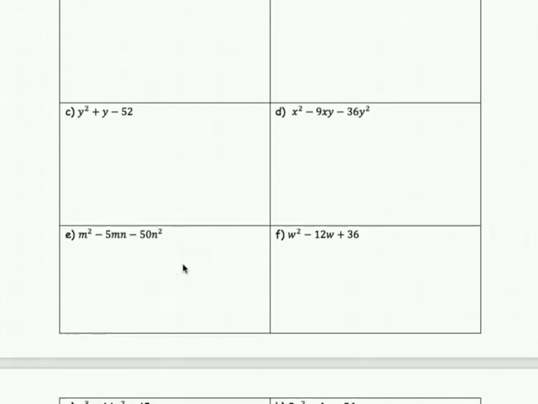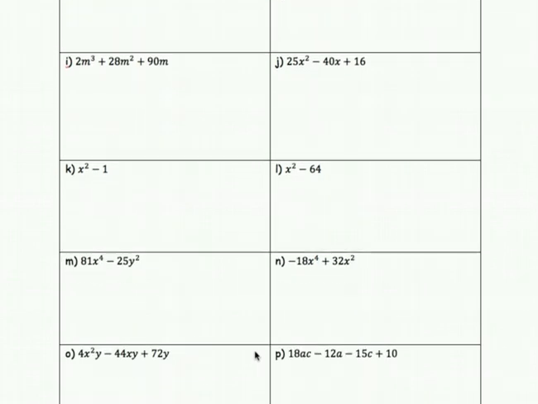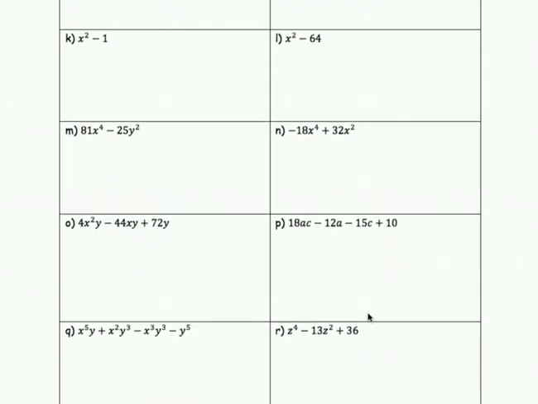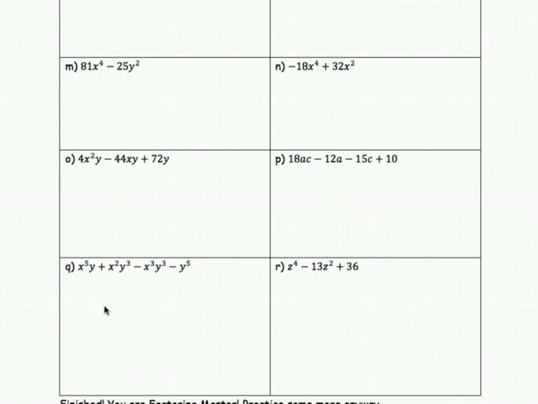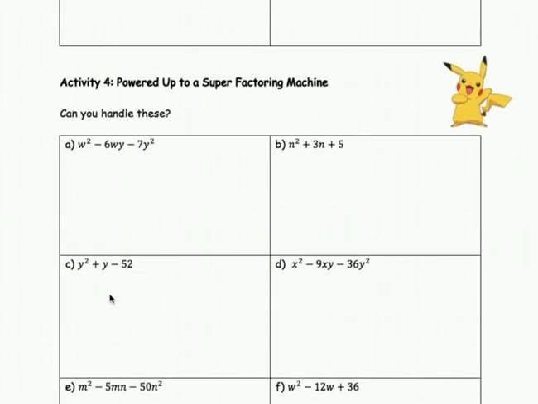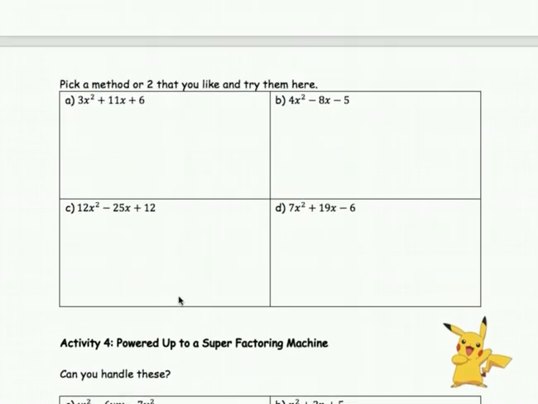There are some that are only a couple of terms, so what do we do then? And some that have 4 terms, like Z to the 4. Let's see what we can do there. Just keep in mind that if you've checked all the factors and nothing will work, then you can write cannot be factored.